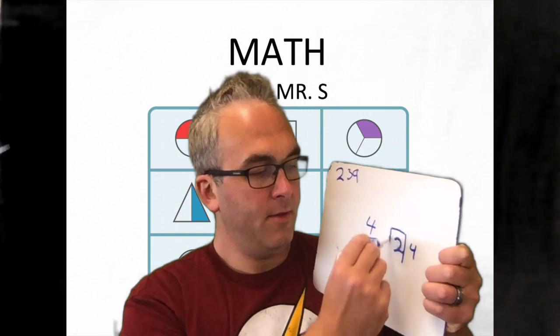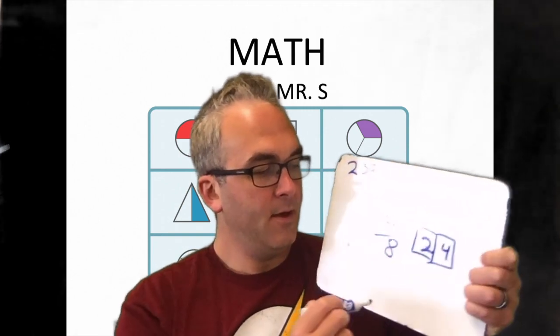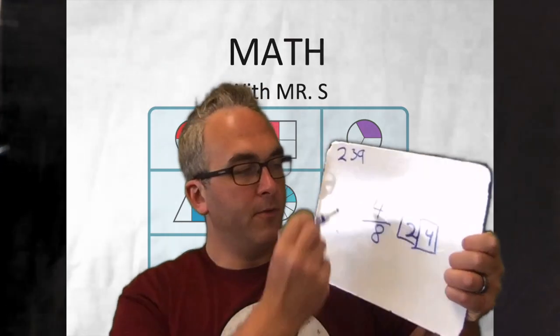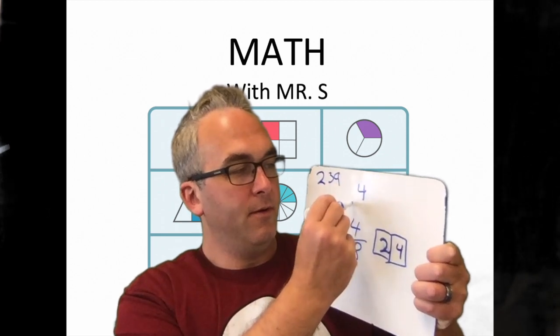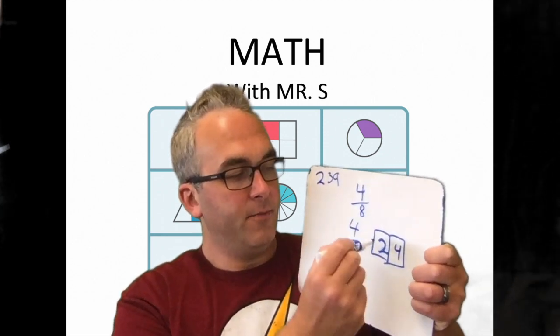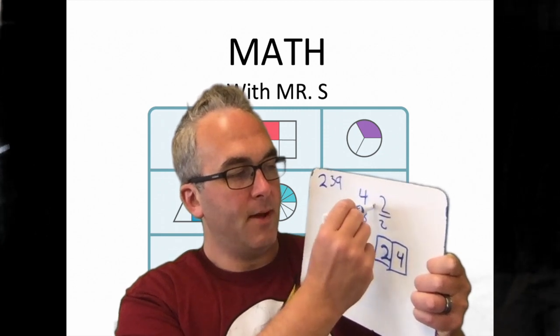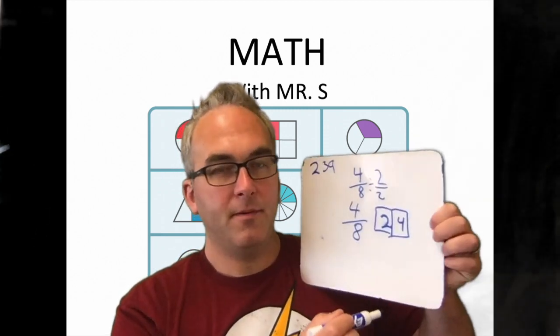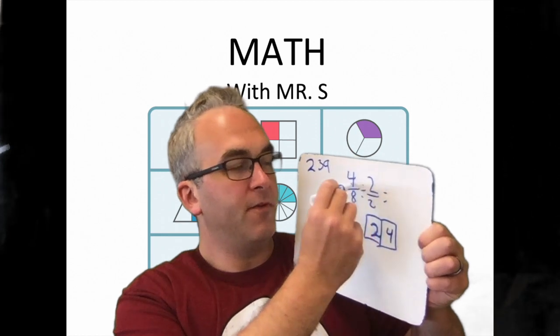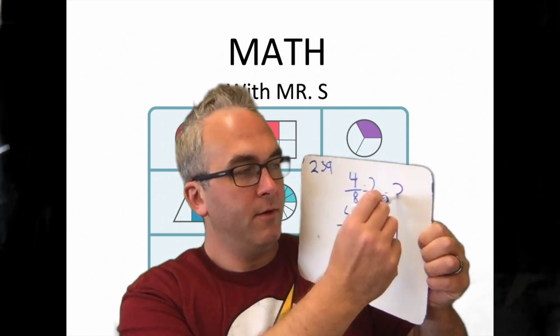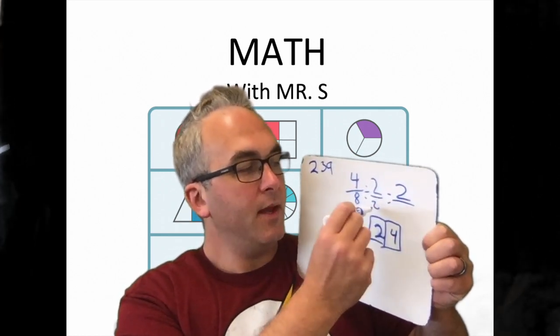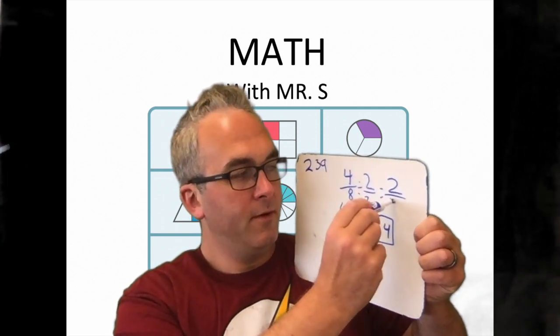Now, let's look at these numbers. When we reduce, we know that we take the fraction and we take the number and we divide the top and the bottom by that number. So 4 divided by 2 is 2, and 8 divided by 2 is 4.